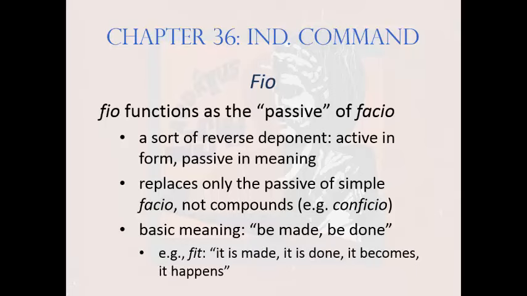Fit, for instance, its present third-person singular must mean it is made or it is done. Besides that passive sense, fit also connoted to Romans it becomes, it happens, which only makes sense. If a thing is done, it's happened, it's come into being.